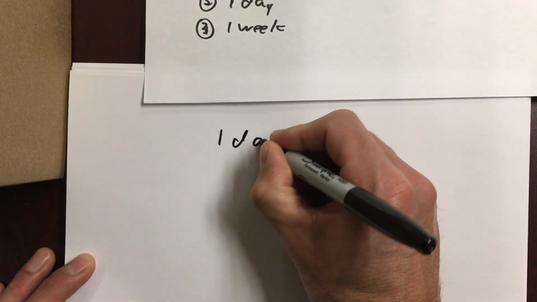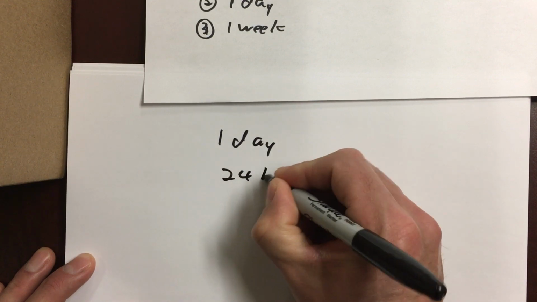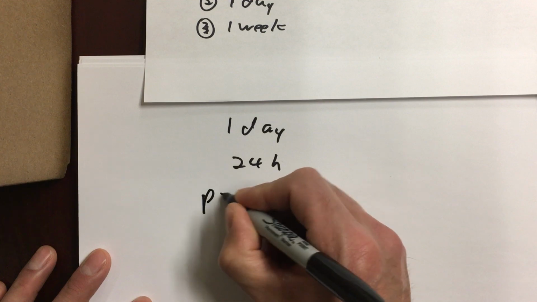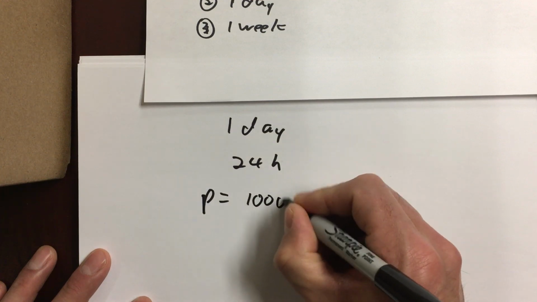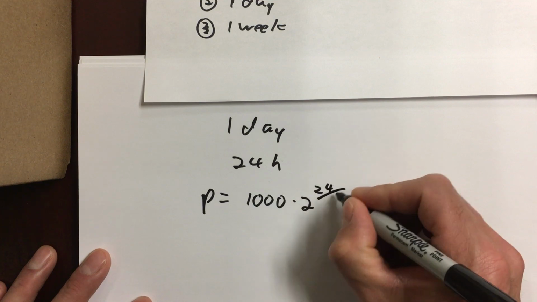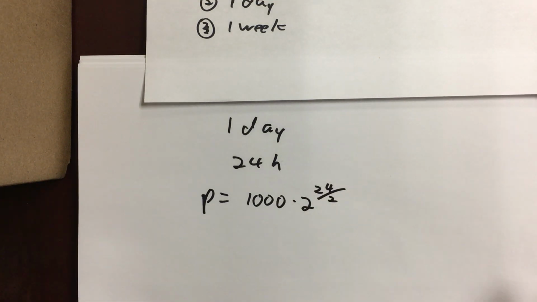So after 1 day is 24 hours. So we have a population now of 1,000 times 2 to the 24 over 2. Because remember, in 24 hours, you have 12 2-hour blocks. Imagine your favorite movie is 2 hours.